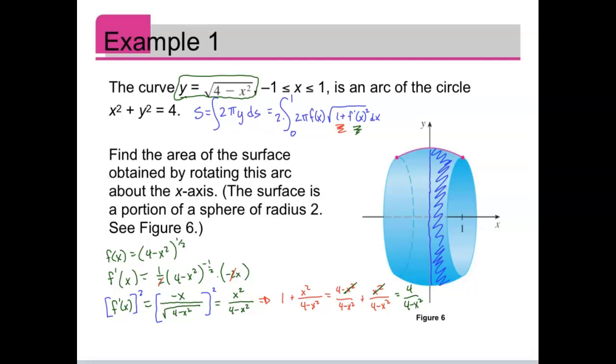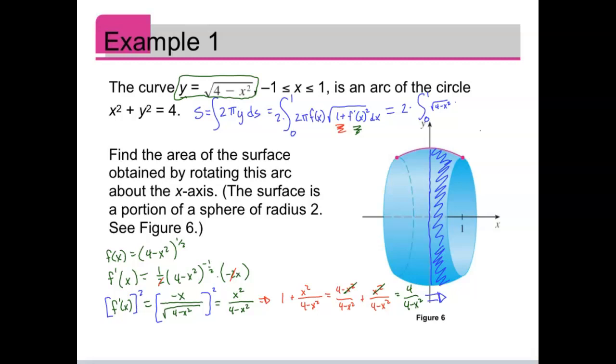If I write this out, I have 2 times the integral from 0 to 1 of f of x, which is just root 4 minus x squared, times... Now, notice that that's everything that's under the radical, right?